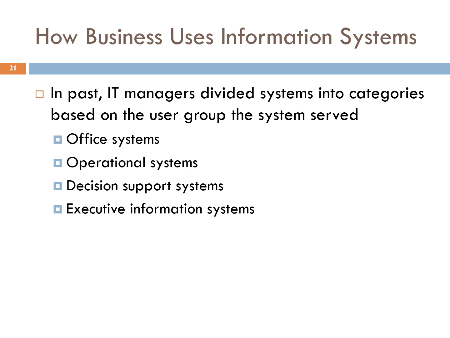How business use information system. In the past, IT managers divided system into categories based on the user group the system served. Office system, the work that is done in the office, the management part. Operational system, how to operate the business processes. Decision support system.